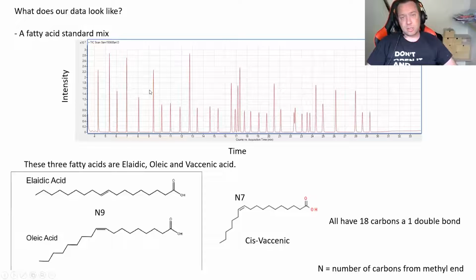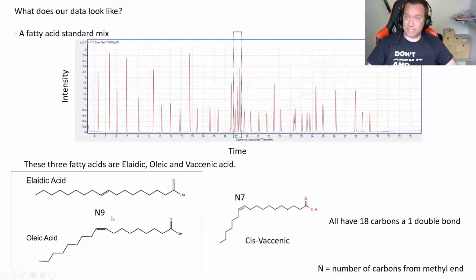And we're going to look at 3 specific molecules that we can see. Each of these peaks represents a separate molecule, and in this case, they're fatty acids. So they're fatty acid methyl esters, and essentially we're going to look at these 3, and these 3 are elaidic, oleic, and cis-vaccenic acid. These are all 18 carbon fatty acids, and they all have 1 double bond in them.